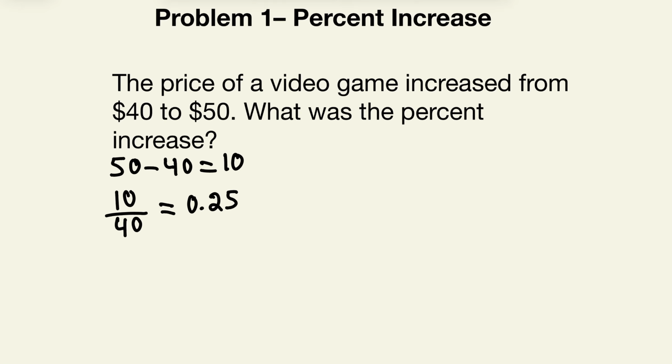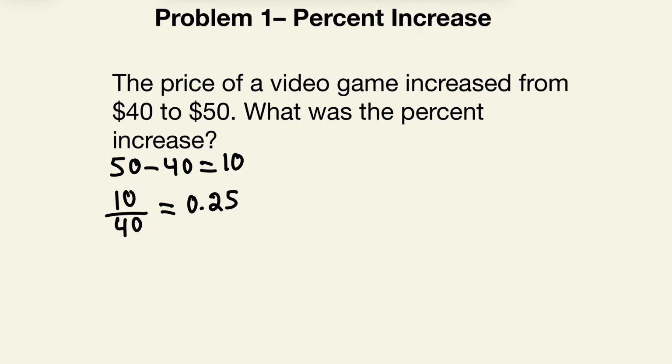And this is the most important step. We compare the change to the original amount, not the new amount, okay? So now we have 0.25, and for the third step, we need to convert it to a percent.